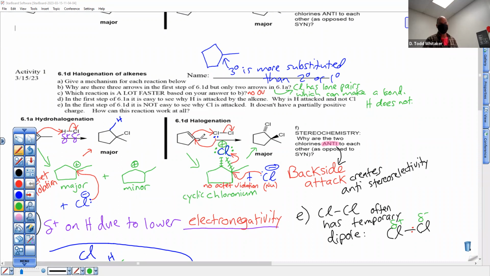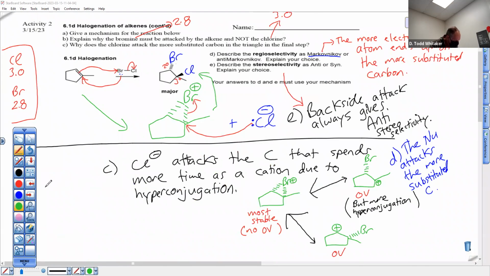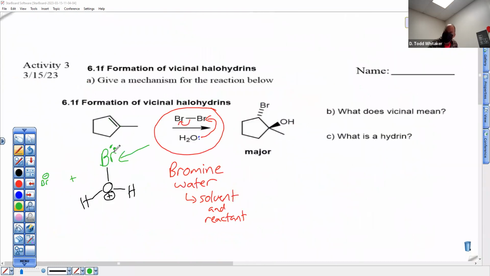Which one's faster? Halogen. Do not attack the strong acid. Attack the halogen that has the lone pair. That's why I put the lone pair there.